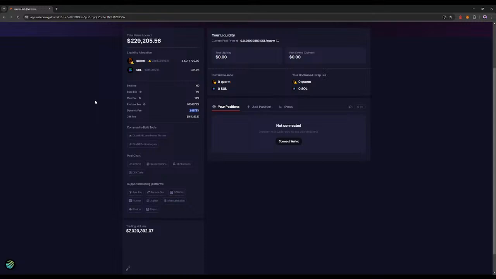And let's say that $100 generates $1 in fees for one day. Then for every dollar generated in fees, you get about 1,000 points. So in total, if you put in $100 and generate $1 worth of fees, you'll get 100 points from liquidity and 1,000 points from fees, so total 1,100 points for that day.